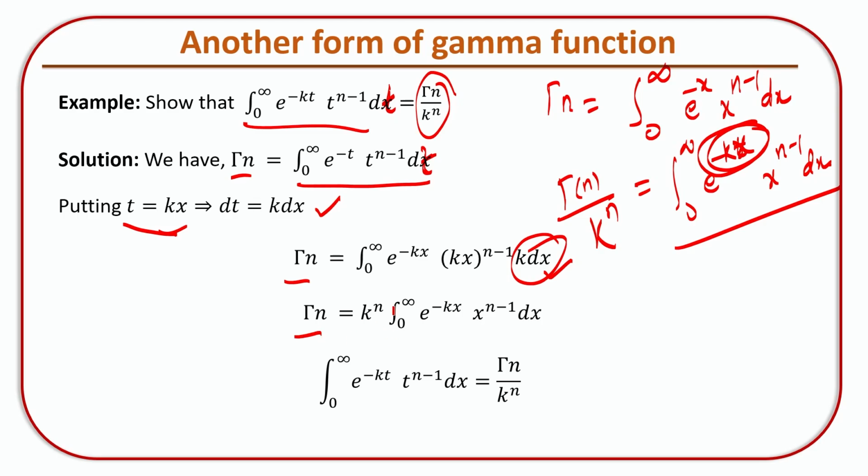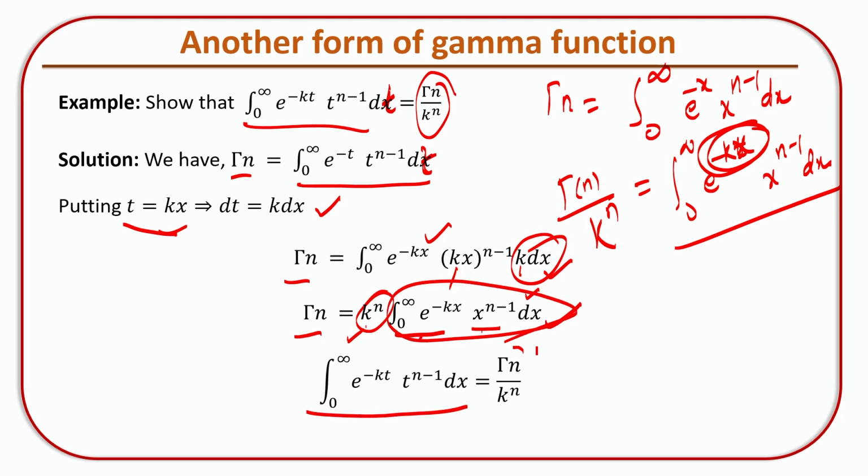Gamma n is equal to, now taking k^(n-1) common, break it outside of the integral sign, and this will become the integral from 0 to infinity of e^(-kx) x^(n-1) dx. This k and this k^(n-1) become k^n, and it is nothing but gamma n, right? So this will become gamma n divided by k^n.